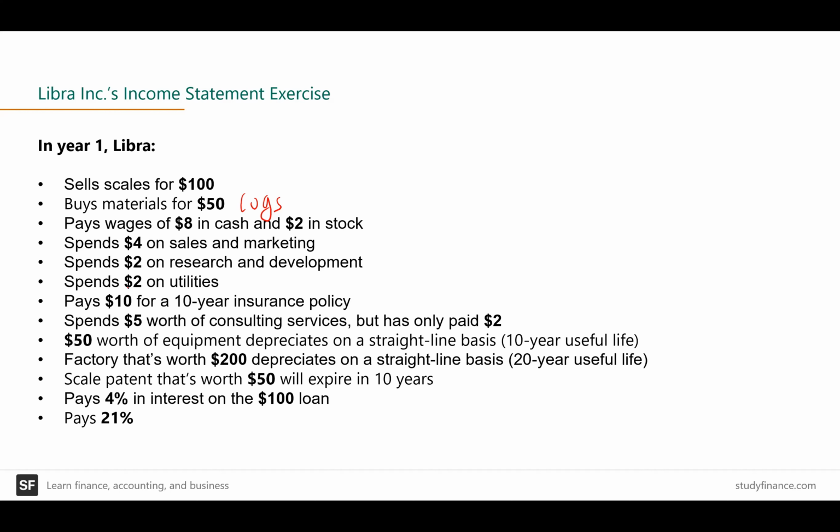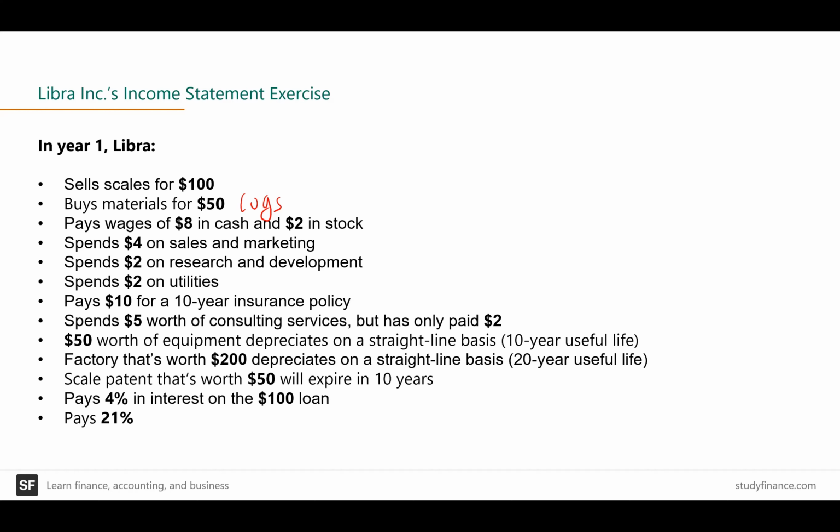We also have $50 worth of equipment that depreciates on a straight line basis with a useful life of 10 years. Same with our factory, which is worth $200, but its useful life is 20 years. Aside from our capital assets, we also own a patent or intangible asset that's worth $50 and will expire in 10 years.